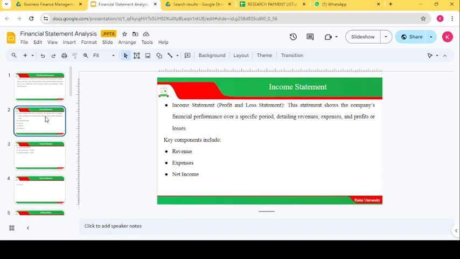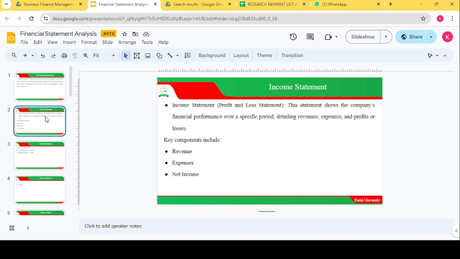So this income statement helps the business to know whether it is making a loss or making a profit. When you come up with an income statement, you will be able to know the status of your business. So the income statement here is very crucial in any business or in any organization.